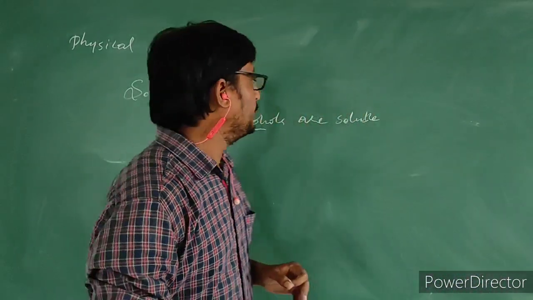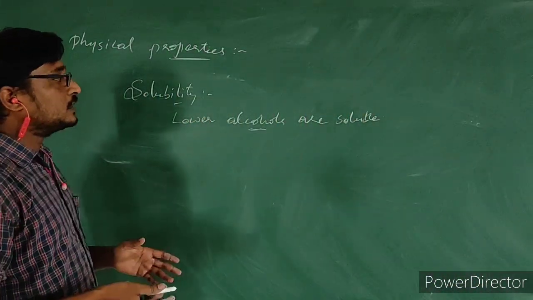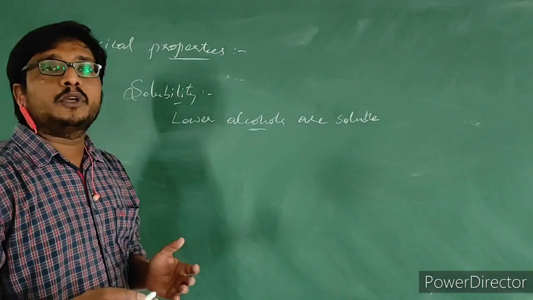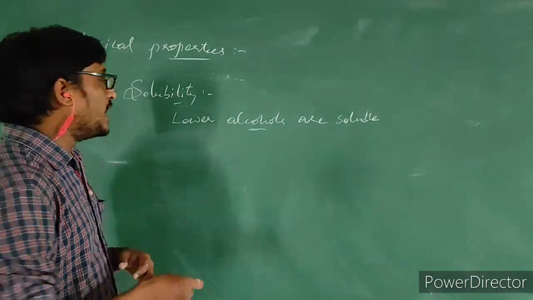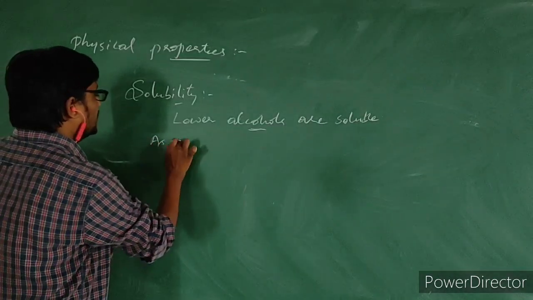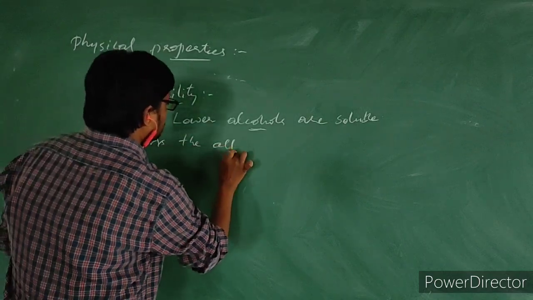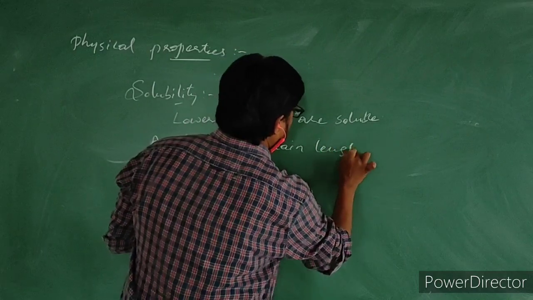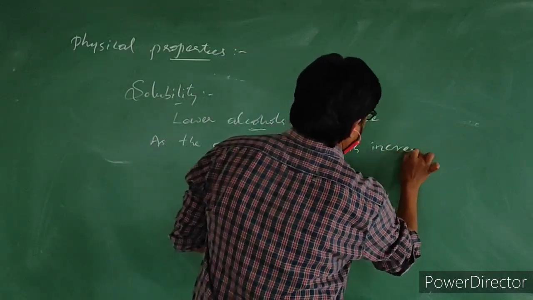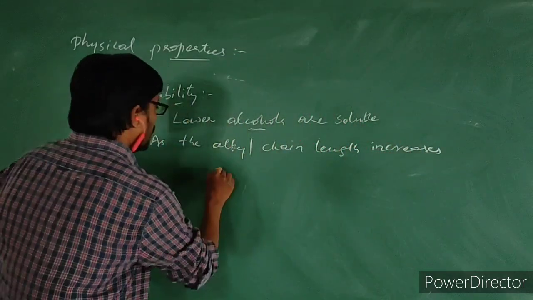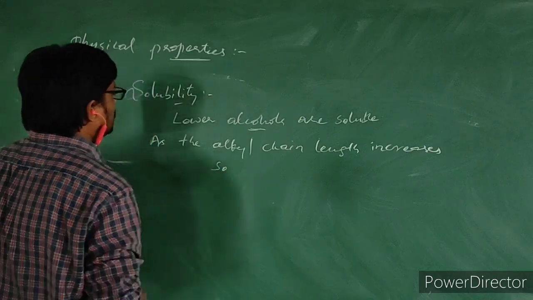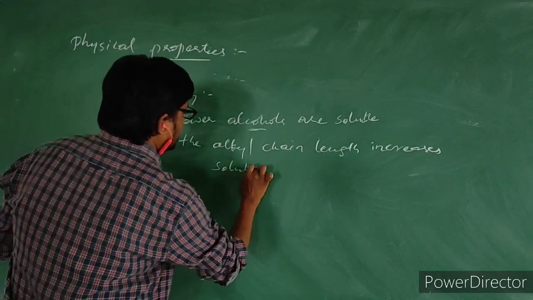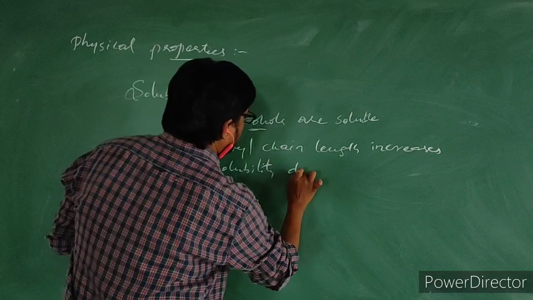Remember this point. Lower alcohols are generally soluble in water because they form hydrogen bonds, but as the alkyl chain length increases, solubility decreases.